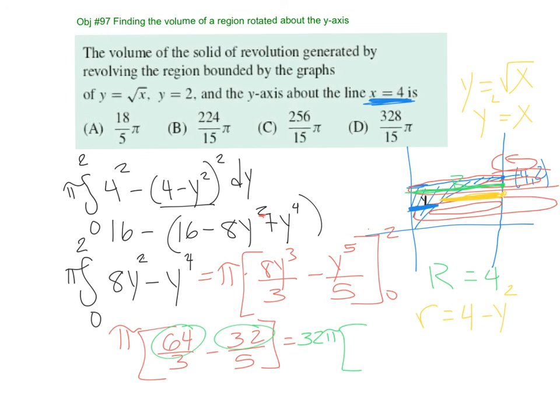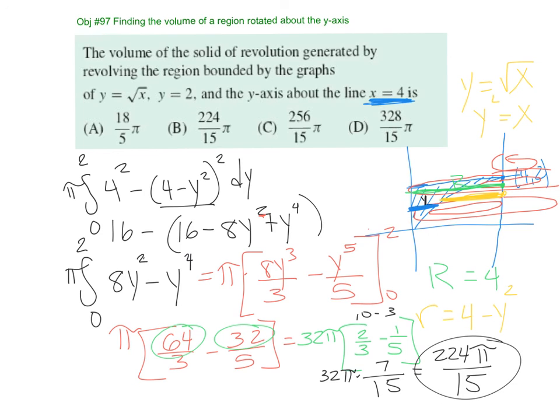I'll factor out the 32. Then I have 2/3 minus 1/5. That's easier to turn into a fraction. So that's 15, 10 minus 3, so 7. So 32 pi times 7 over 15. So 15 on the bottom, and then 7 times 2 is 14. Carry the 1, 224. So it's B.